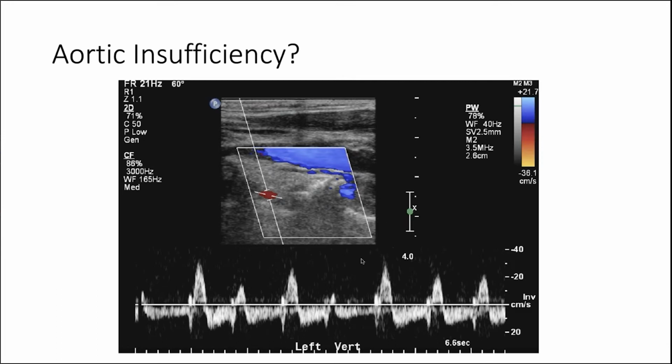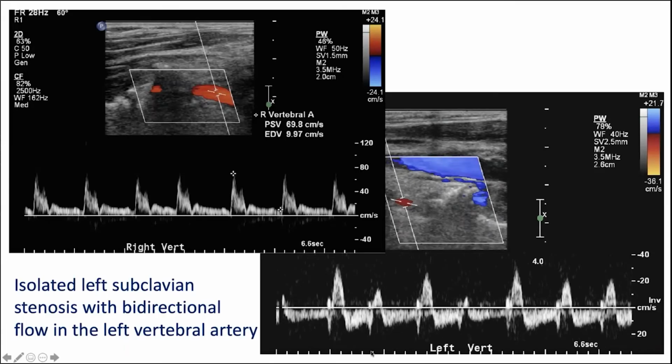So here's a patient with a left vertebral artery that shows holodiastolic flow reversal. This patient also has another problem we won't go into, but holodiastolic reversal of flow is certainly suggestive of aortic insufficiency. However, the cause in this patient was not that.